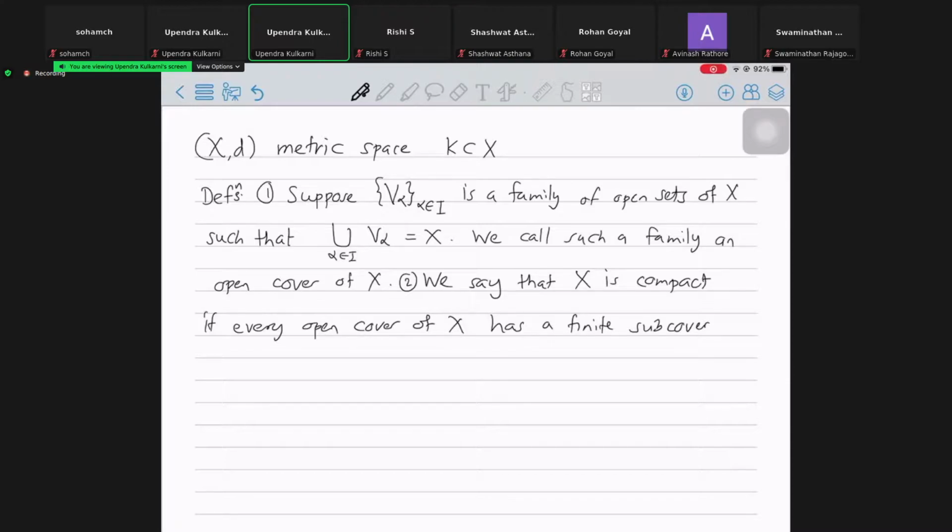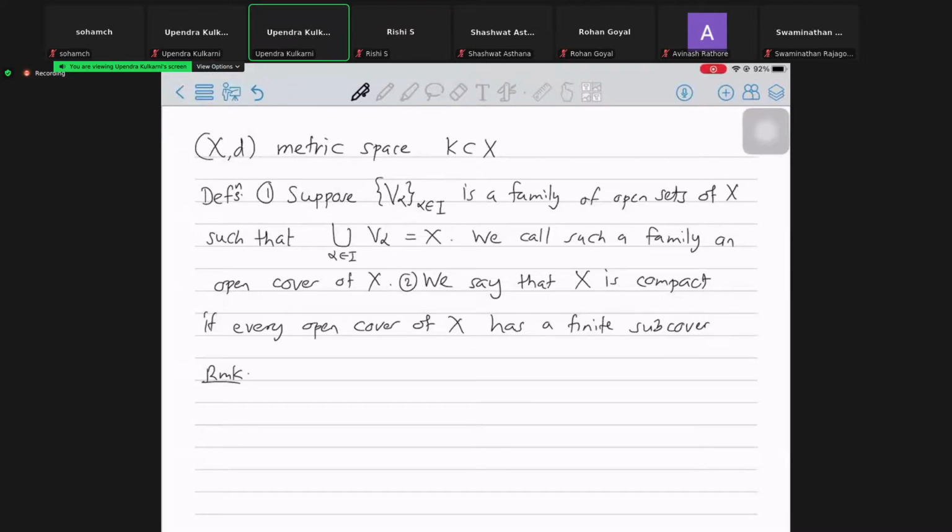Okay, so remarks, several remarks. So one, just look at this definition.